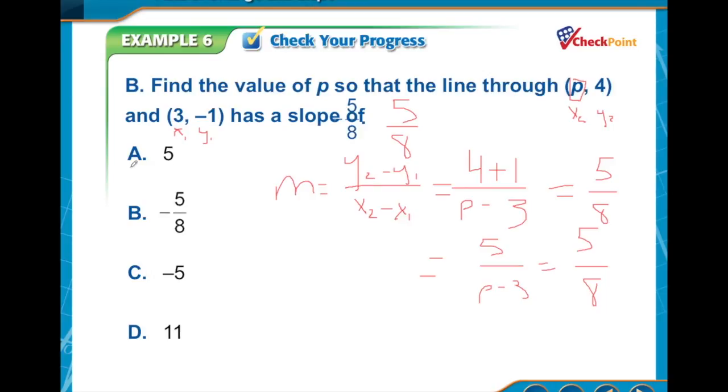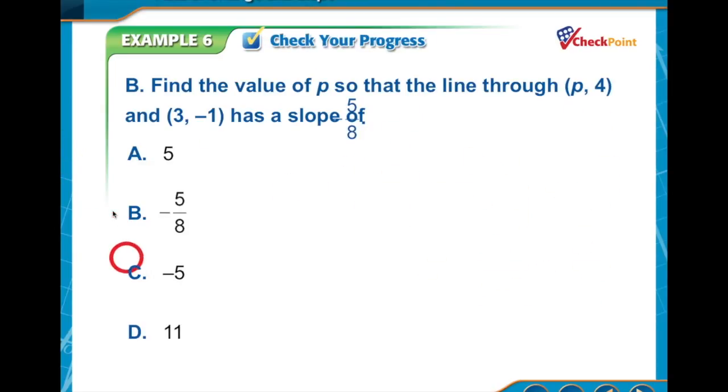And if you can't see the answer, you could just do 1 or 2 more steps to solve for that variable, and you would find p in this example, just like in the last one, would have to be a negative 5. Because our slope here, and the formatting's a little bit off, is a negative 5/8.